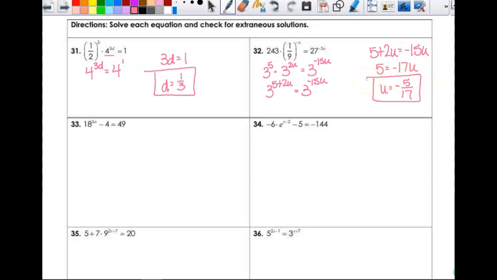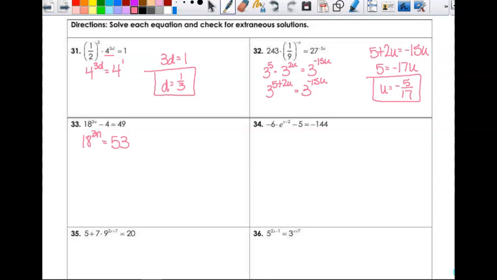All right. Okay, so number 33 is I have 18 to the 3n power equals, so I'm going to add 4 to both sides, 53. I cannot get a common base here. So when I'm solving exponentials and I can't get a common base, this is where I use logs.